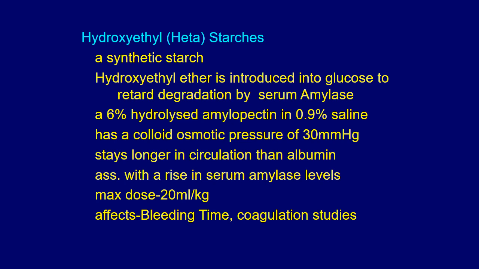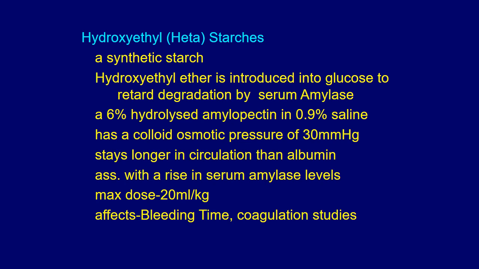Hydroxyethyl starch, or hetastarch, is a synthetic starch where hydroxyethyl ether is introduced into glucose to retard degradation by serum amylase. A 6% hydrolyzed amylopectin is available in 0.9% saline, and that final solution is called hydroxyethyl starch.